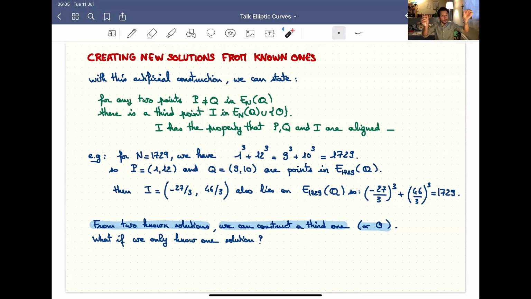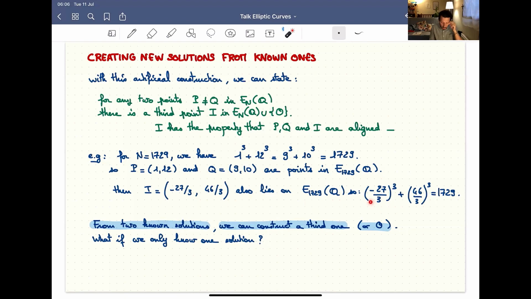And so you have 2 points. You can compute the equation of the line that joins them. And you then get this cubic equation in x that I've mentioned. And then you can solve this equation, maybe using a calculator, and then you find coordinates for this point I. You find that minus 27/3 and 46/3 also lies on this curve, which means that you get a new relation.